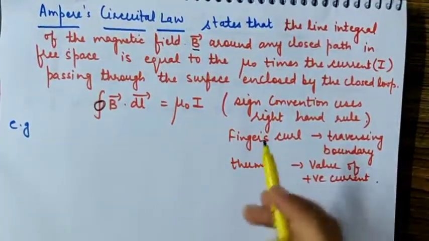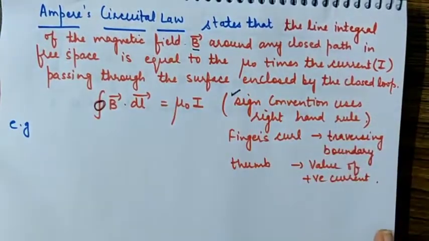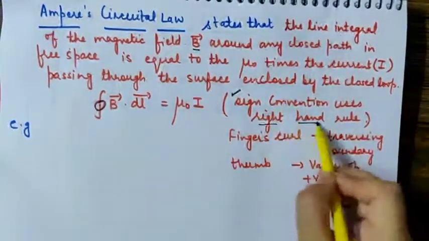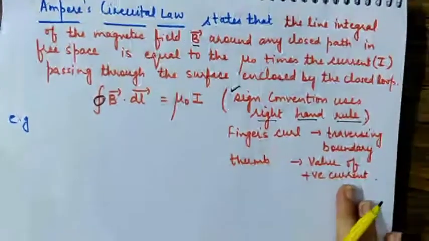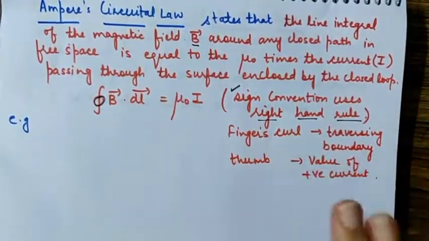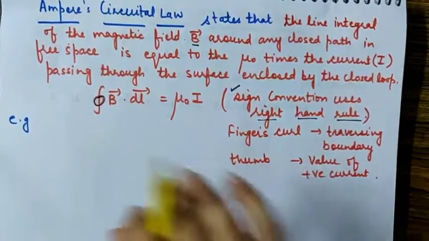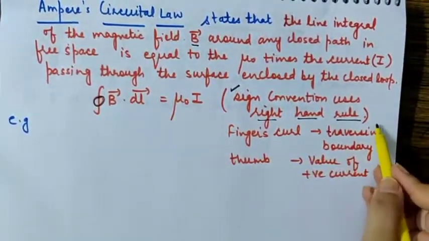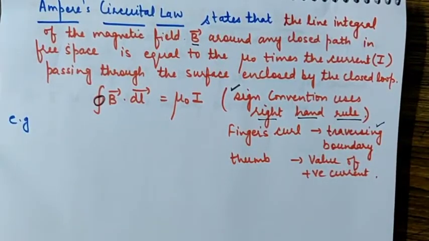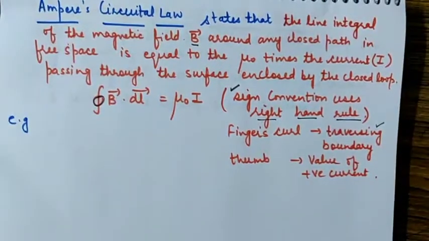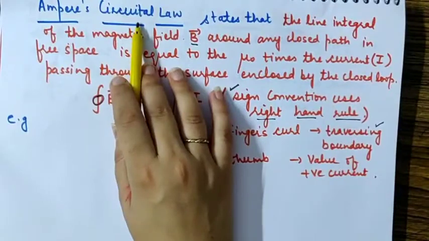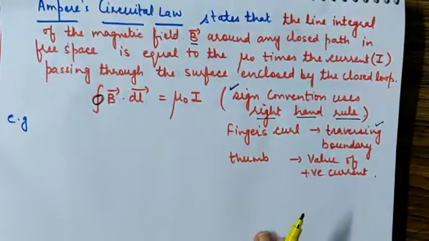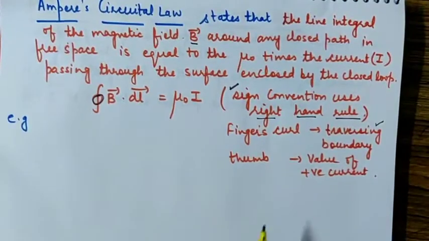So, what are the sign conventions that we use in this law? Sign convention number 1, you will use the right hand rule. The curl of your fingers will tell you the traversing boundary of the Amperian loop. Because it is a circuital law, it is applied on some closed path, closed loop.